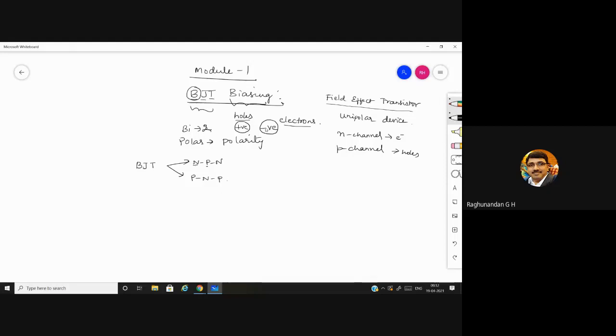In a field effect transistor, hope you remember, there are three terminals. Can anyone tell me the three terminals? Gate, source, and drain.